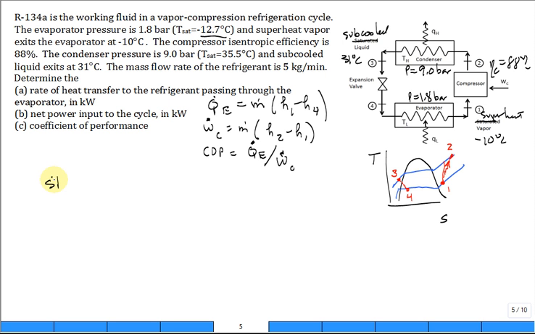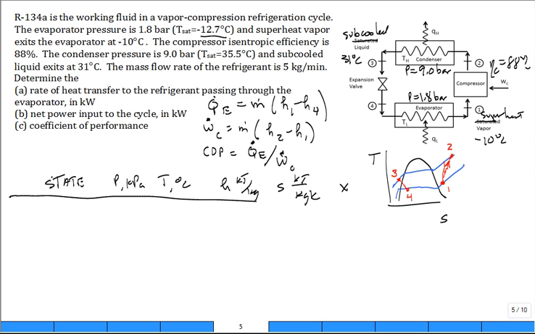So make a property diagram as well as a table. We want to put state, and then the pressure in kilopascal, temperature in degrees C, enthalpy in kilojoules per kilogram, and entropy in kilojoules per kilogram Kelvin. And often we talk about quality, although for some states it's not defined. So state 1. Well, we know the pressure at state 1, 180 kilopascal, right?